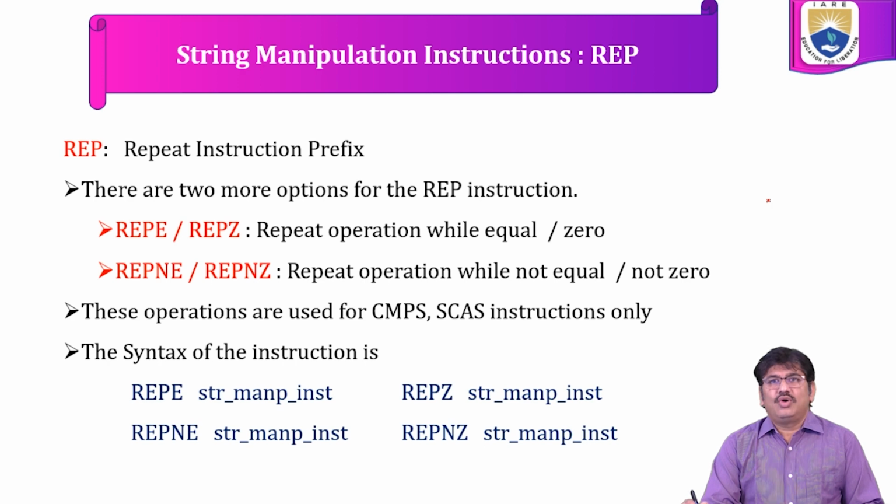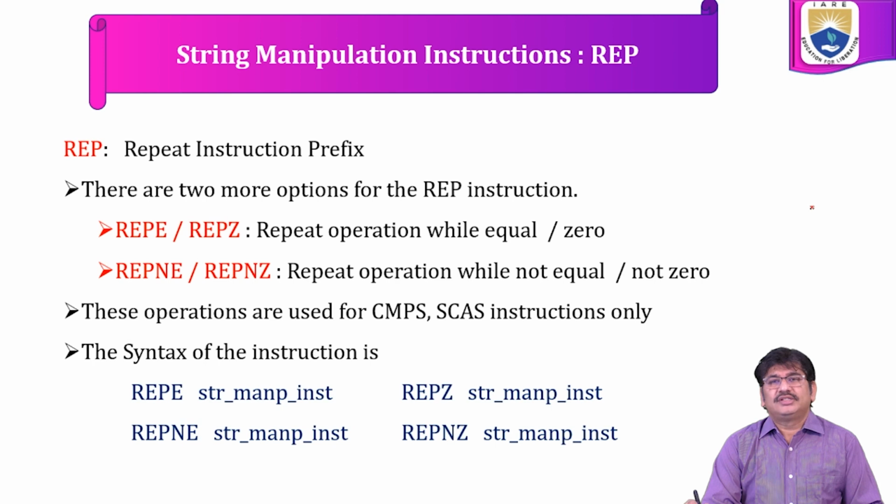There are two more options for the REP instruction. The first one is REPE or REPZ, which stands for repeat if equal or repeat if zero. The second one is REPNE or REPNZ, which is repeat if not equal or not zero.